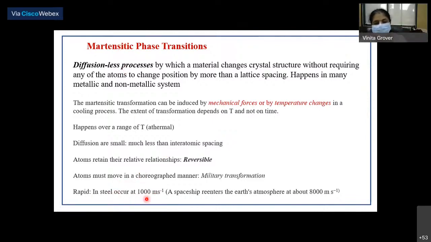We'll come to it. It occurs at 1,000 meters per second. That is the speed of the transition. So it is very difficult to stop them. You cannot stop them. Once you reach the conducive condition, they will happen. Reconstructive phase transitions you can stop because they involve breaking and formation of bonds. Okay. And I'll come back to that, Nikita.